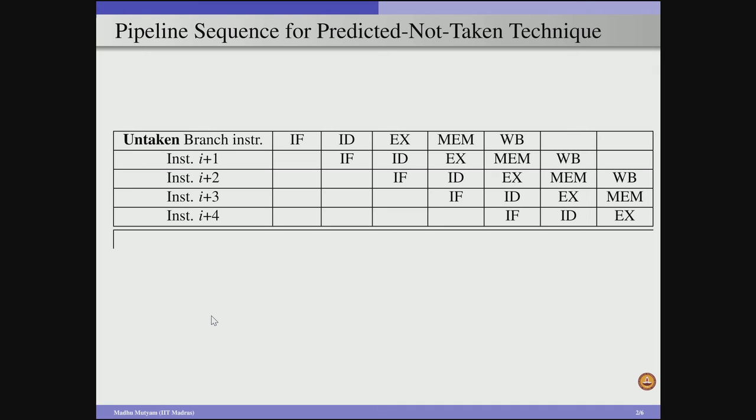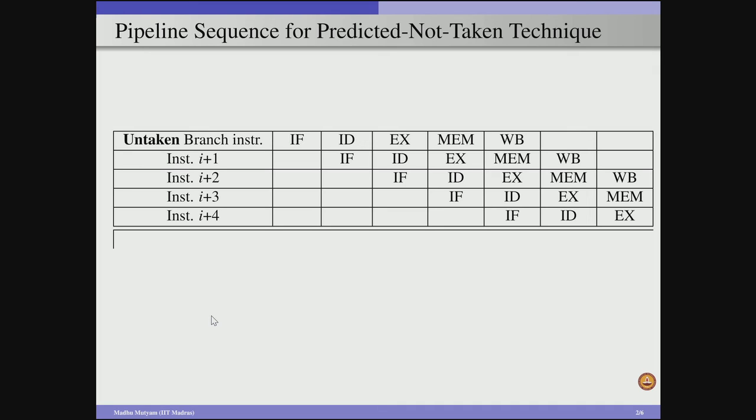Because this is the predict not taken technique, our underlying processor always assumes that a branch is not going to take place, and it can start fetching the instructions immediately after the branch instruction.